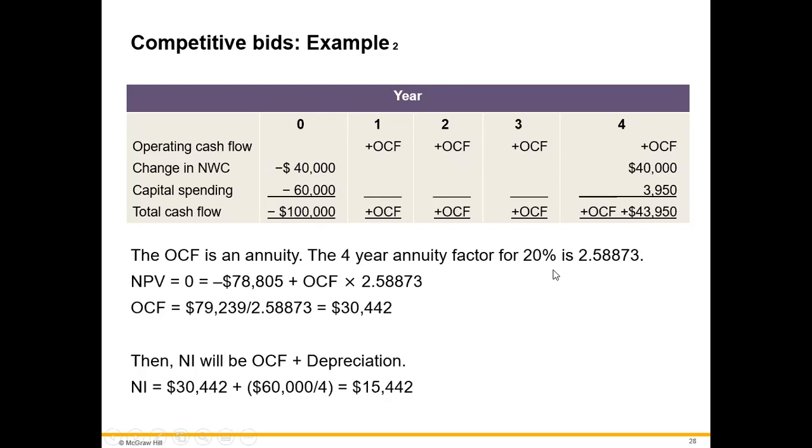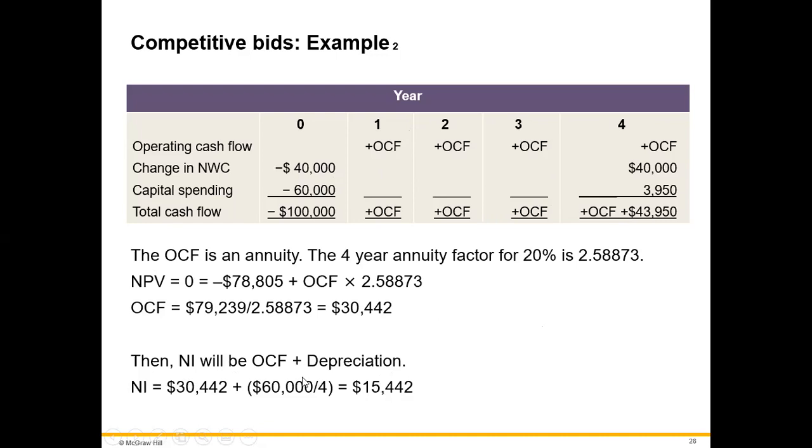rate of return. But that's not what our bid price is. That's just the cash flow we need. Now we need to take an extra step. And then we're kind of working backwards here. Now, net income will be operating cash flow minus depreciation. Remember, depreciation, 60,000, 4 years.